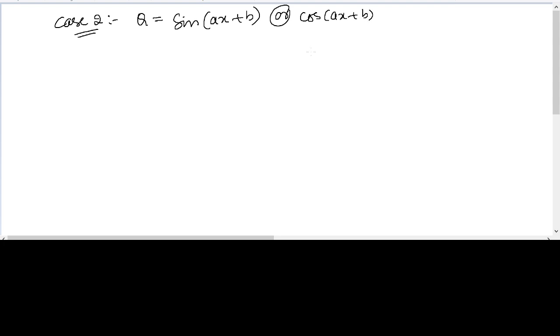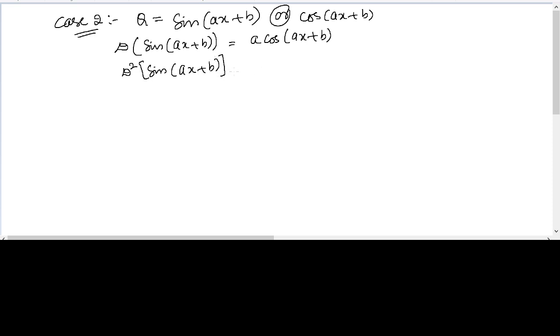Okay. So now since the derivative of sine of ax plus b is equal to a into cos of ax plus b, D square, that is the second derivative of sine of ax plus b, is equal to minus a square into sine of ax plus b.